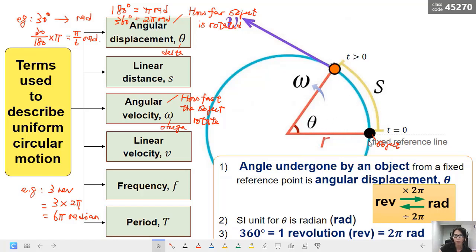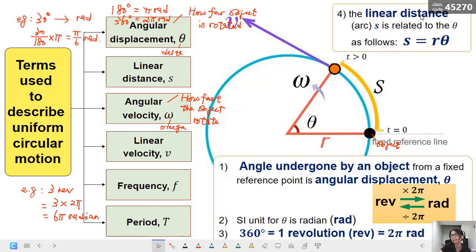And then you will notice that when the object undergoes a certain angle, it travels an arc length of S. Okay? Panjang lengkuk ni, the arc length, is what we call linear distance. You might relate it with the radius of the circle. r refers to the radius of the circle, and with the angular displacement, S is r theta.